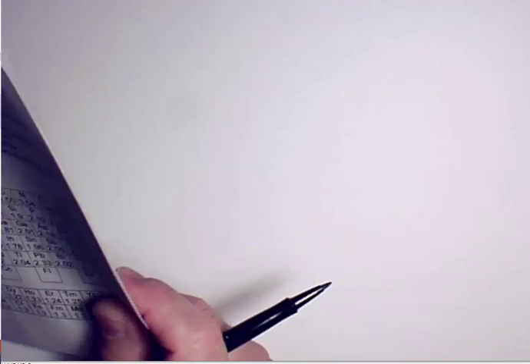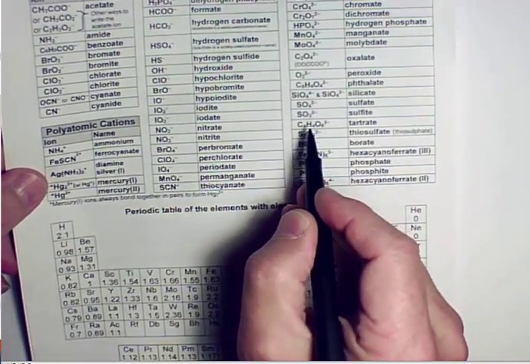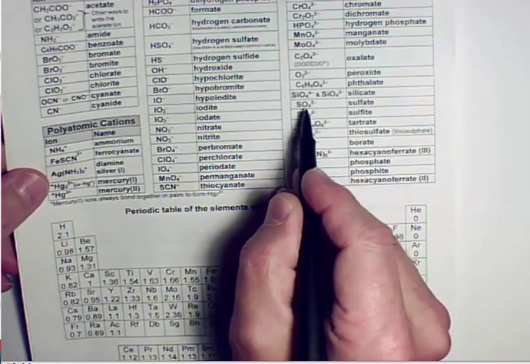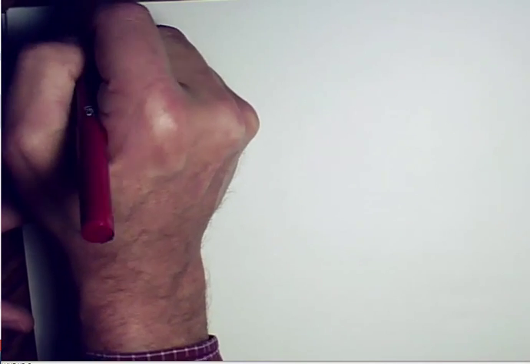So if you look in your test references at the common ions list, we're looking for a polyatomic oxyanion that sounds something like sulfuric, and that would be sulfate. So we've got an acid formula then that has a sulfate ion.